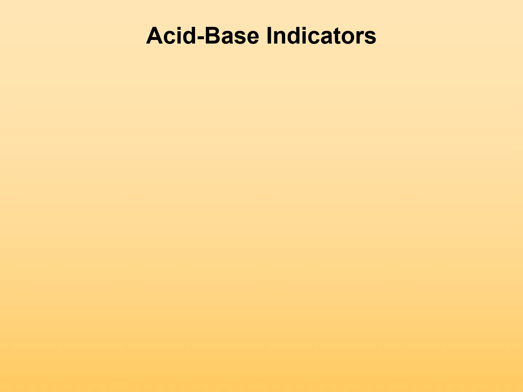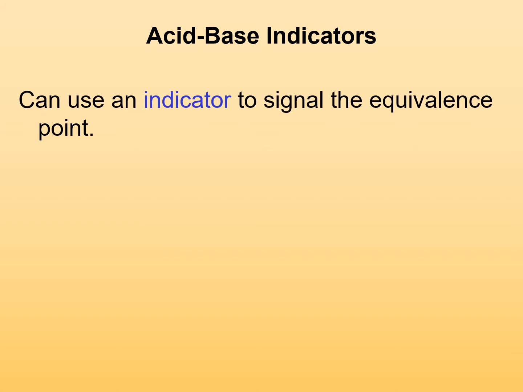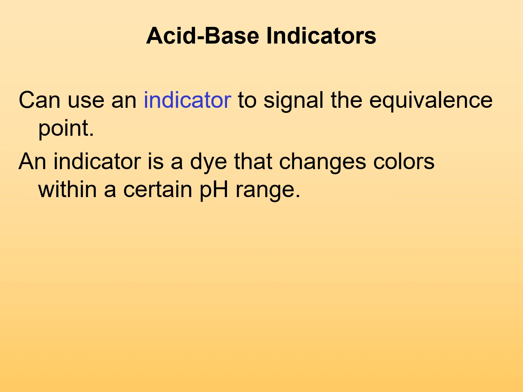In this video, we're going to be talking a little bit about our acid-base indicators and how we know when to use which indicator. We can use an indicator to signal that we've hit the equivalence point in a titration. Remember, indicators are dyes that change colors at different pH ranges.